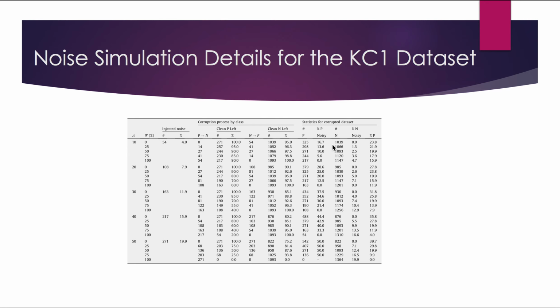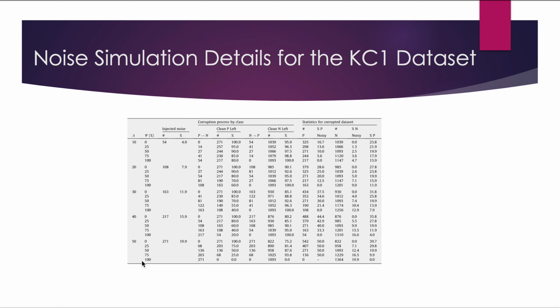In this table, we are going to show you some results. First of all, we look at 100% of positive examples, in columns 6 and 7, and there are 325 positive examples, of which around 60.7%, or 54, are noise.